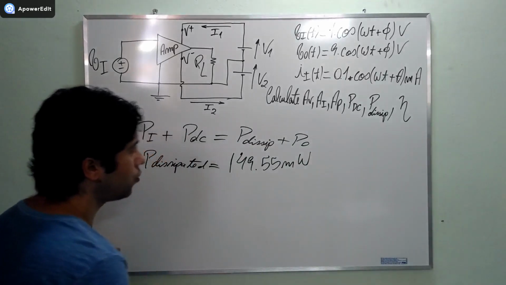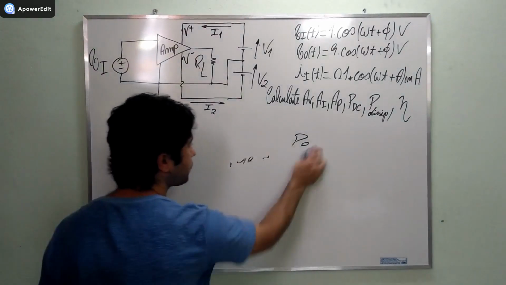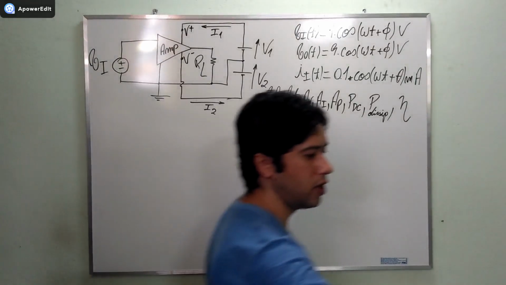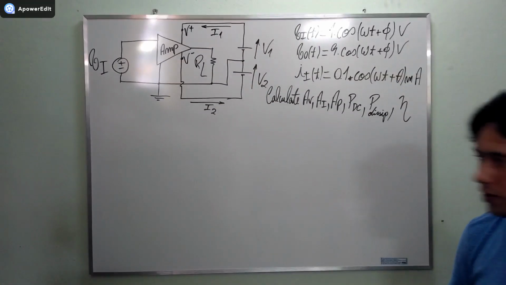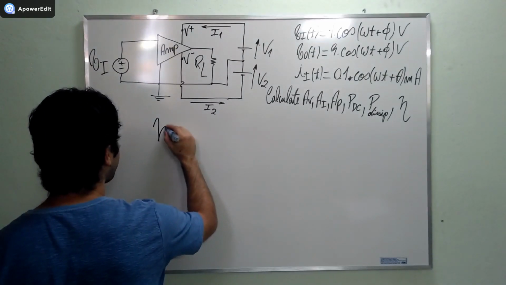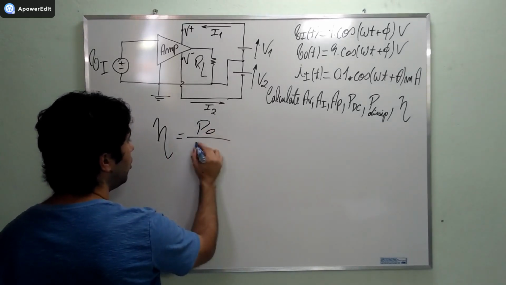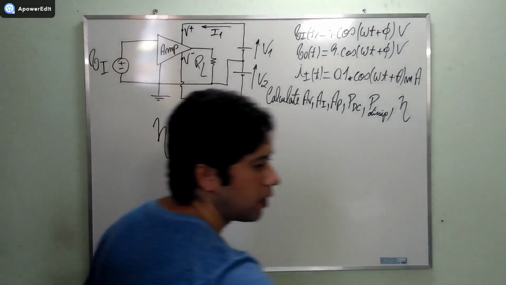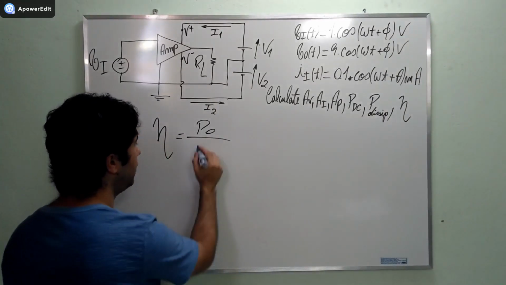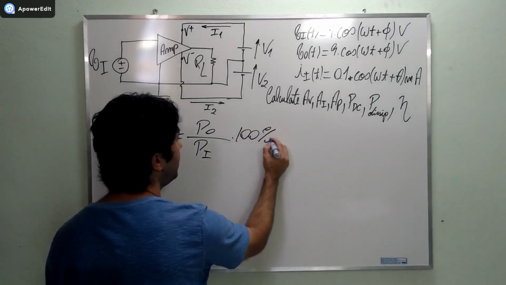Okay, after calculating this, the only thing left for us to calculate was the efficiency. The efficiency is going to be equal to the power out divided by the power in, times 100%.